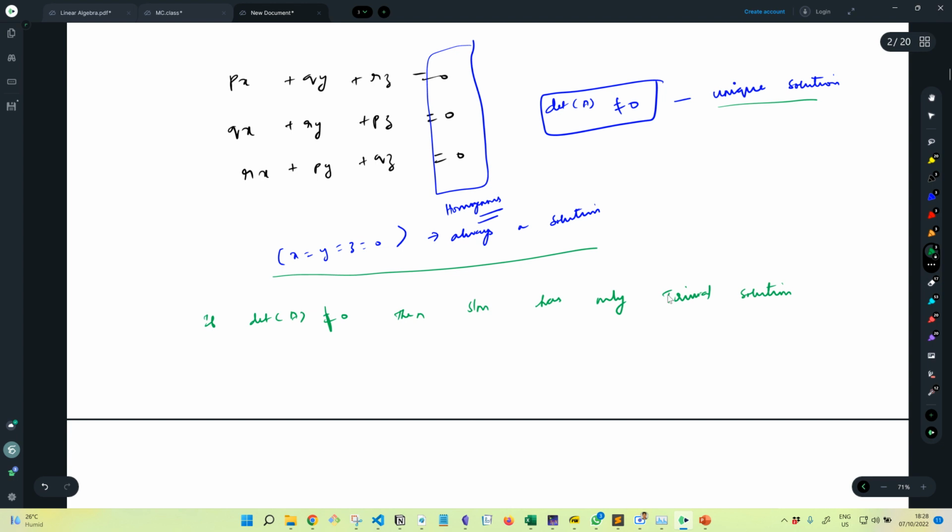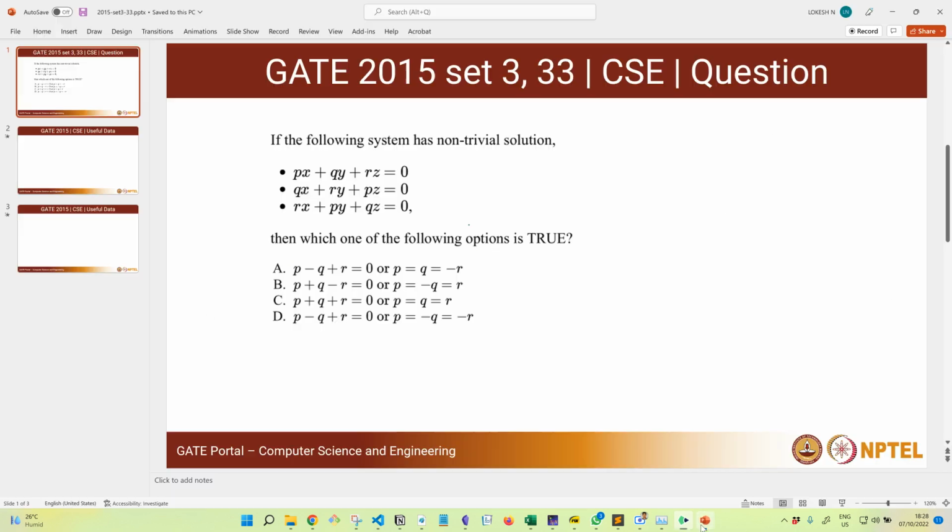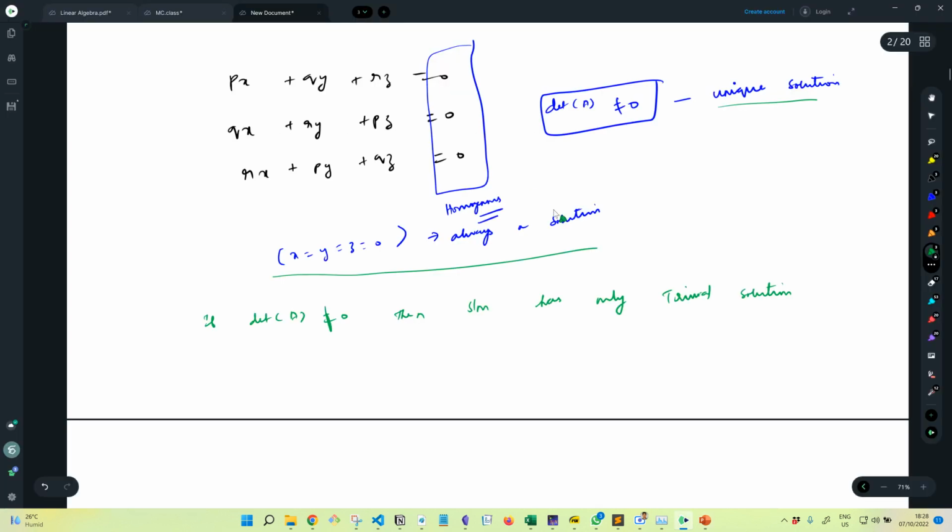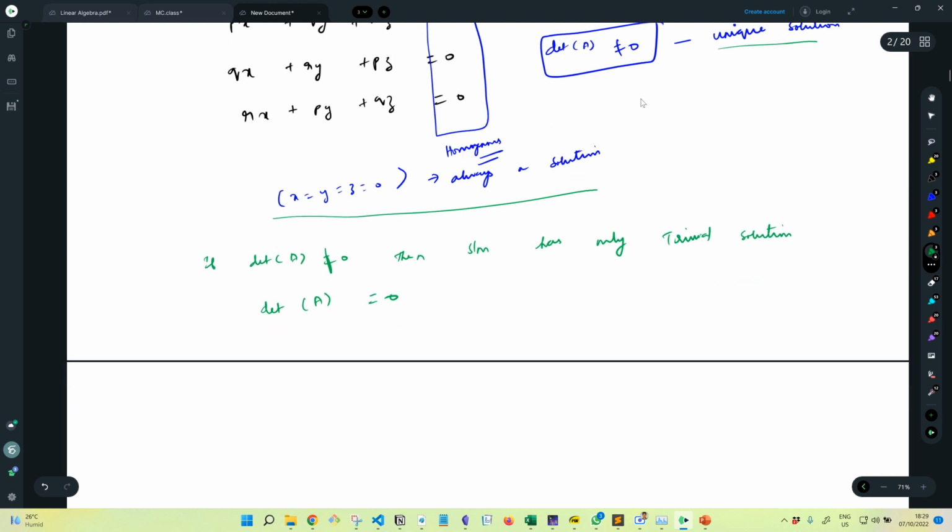This means, to answer the question, they are asking a condition under which the system has a non-trivial solution. Then for the system to have a non-trivial solution, you definitely need determinant of A equals 0.